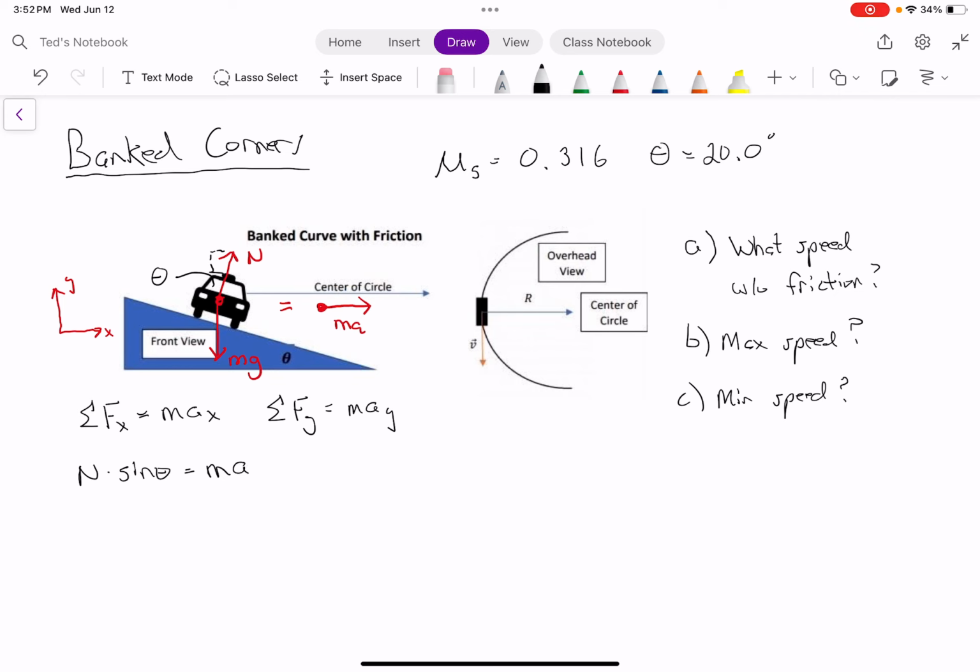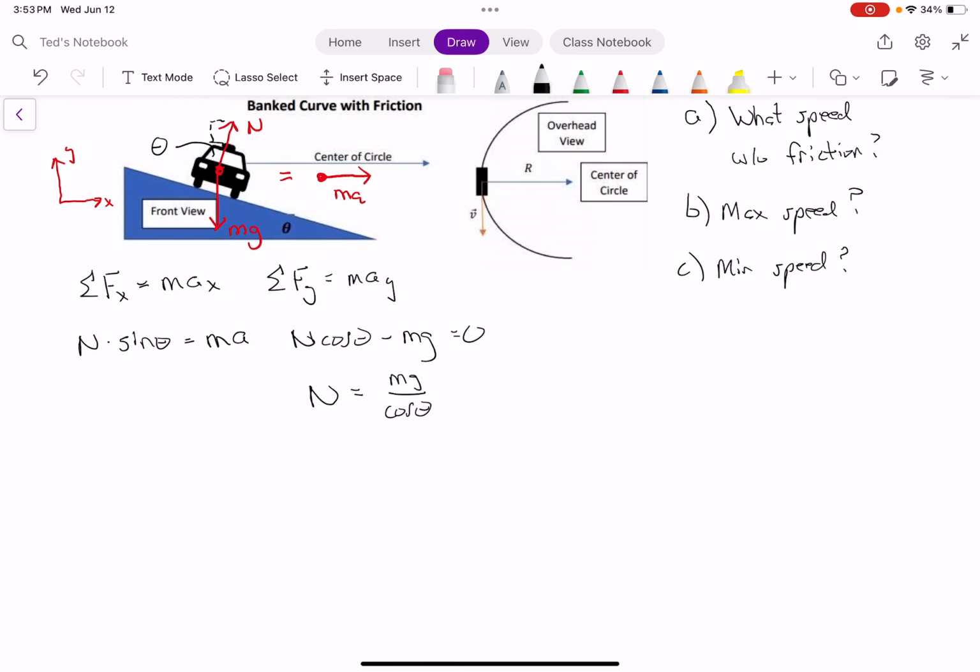And in the y direction, we're going to get normal force cosine theta minus mg is equal to 0. So the normal force is going to be mg divided by cos theta, which we don't end up needing for this problem.